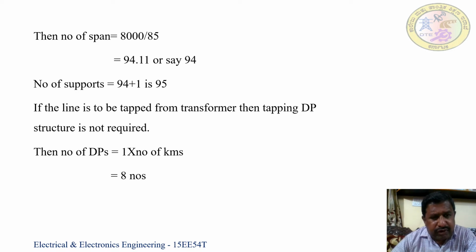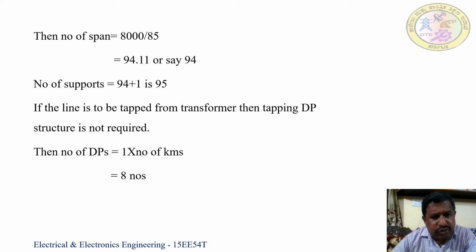The number of supports includes number of single poles plus number of double poles. So that is equal to number of span plus 1. Number of span is 94, so number of supports equals 94 plus 1, that is 95.